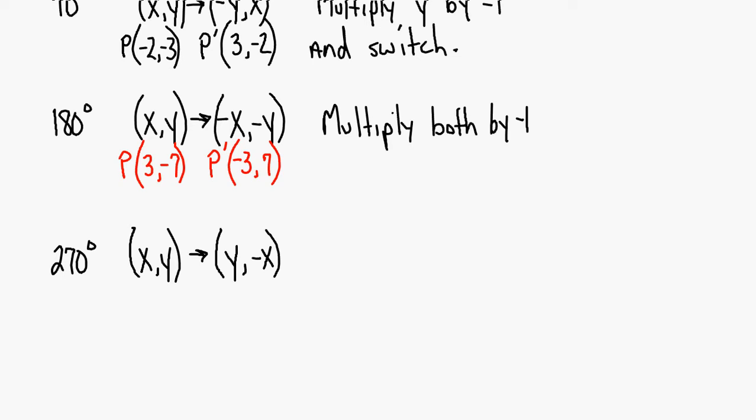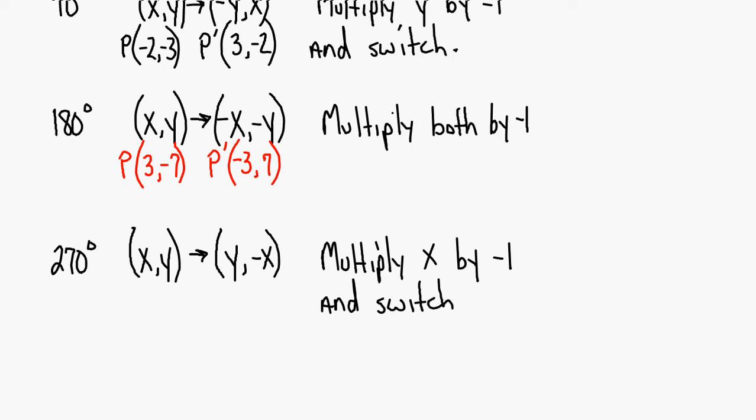So what that means is you're going to multiply x by -1 and switch. Pretty straightforward.